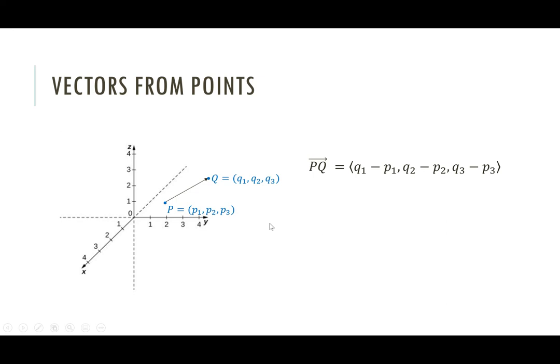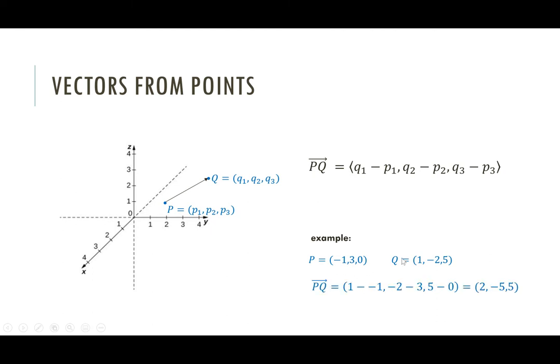Order does matter. If you switch these up, you would actually get the arrow in the opposite direction, which can mess up some calculations later in the term. So just make sure your arrow is pointing in the right direction when you do something like this.